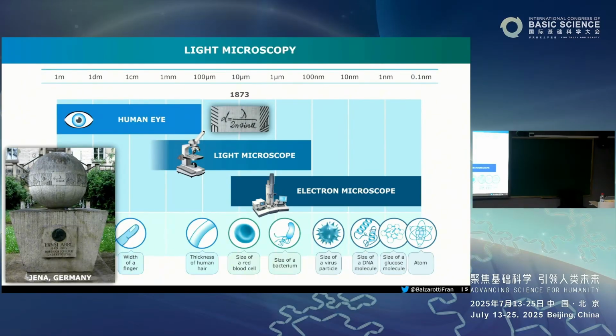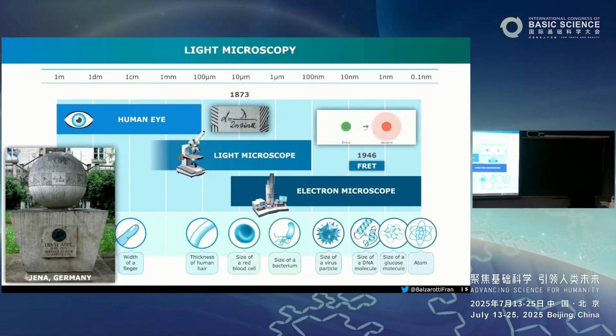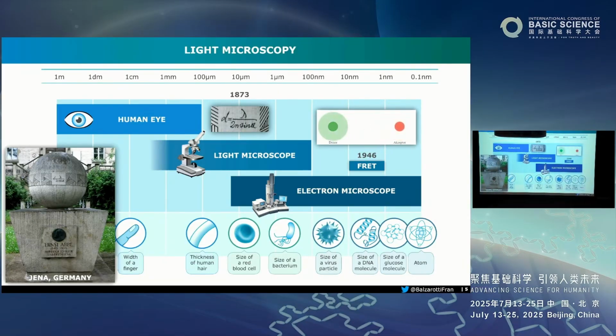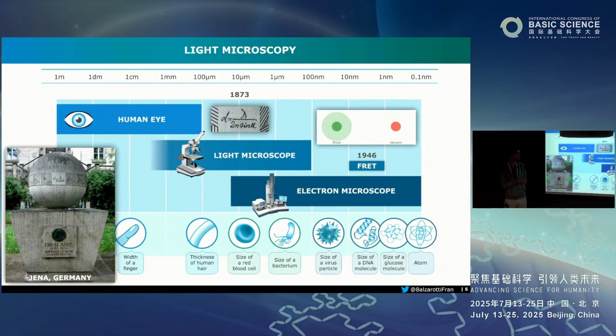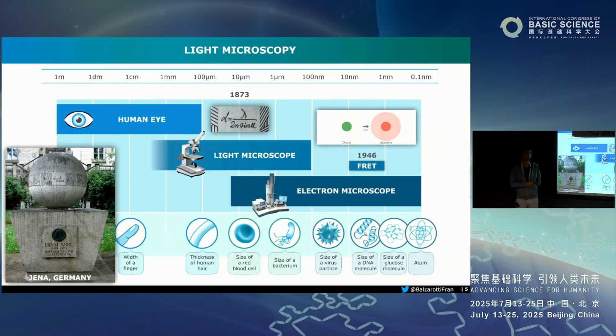But still, we keep using light microscopy because of its specificity, its high contrast, and its compatibility with live observation. And though in the mid-20th century there was a proposal of a far-field window into the nanoscale through FRET, which is first-order resonance energy transfer, you don't really make images with this. You can just access distances.